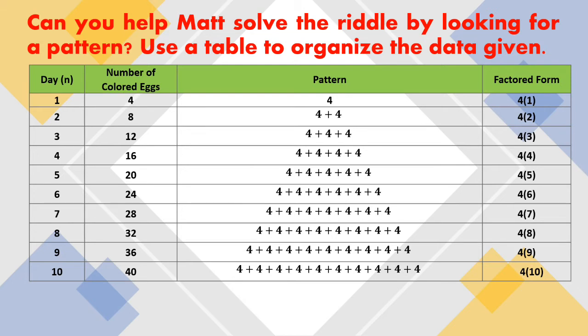So we will add 4 plus 4 plus 4 plus 4 plus 4 plus 4 plus 4 plus 4 plus 4 plus 4. Then we will get 40 as the number of colored eggs collected by Humpty Dumpty.